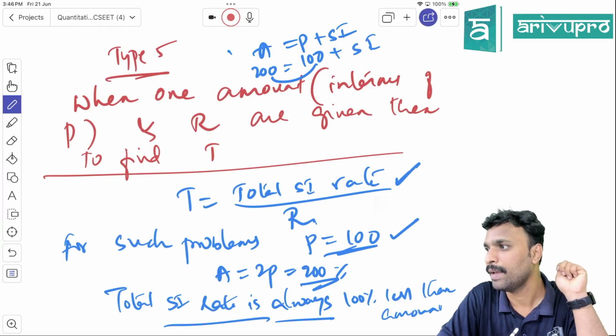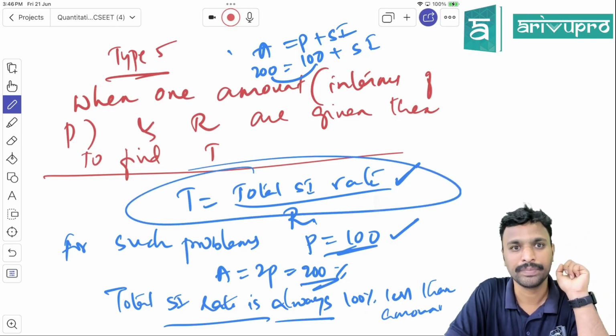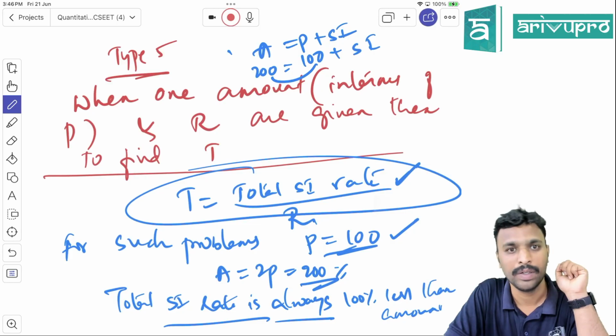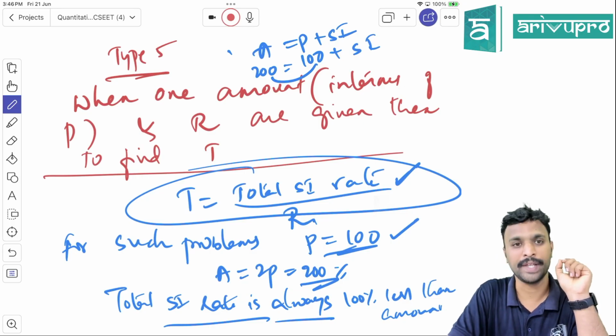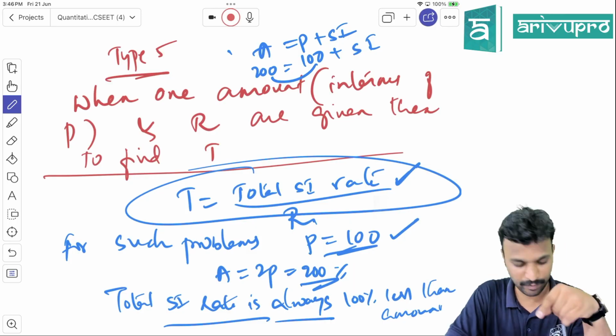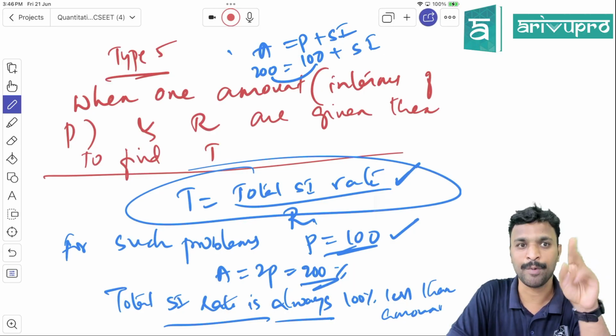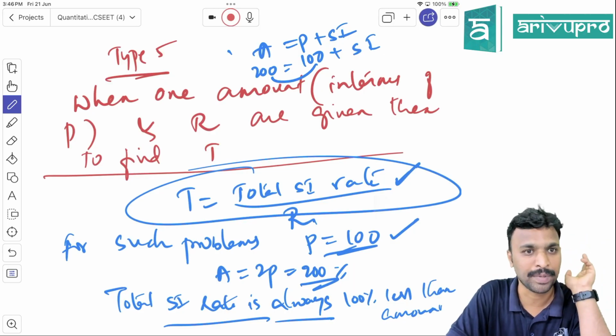Understood? So in the formula, we need the total SI rate. So to get the total SI rate, we do amount minus 100%. For a type 5 problem, P is taken as 100. If they say a certain sum of money doubles, then A is equal to 2P, 200%.